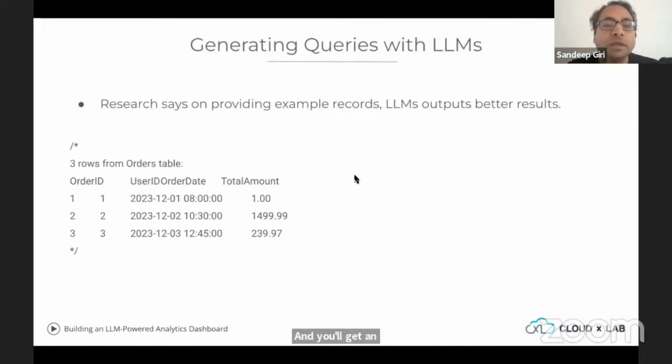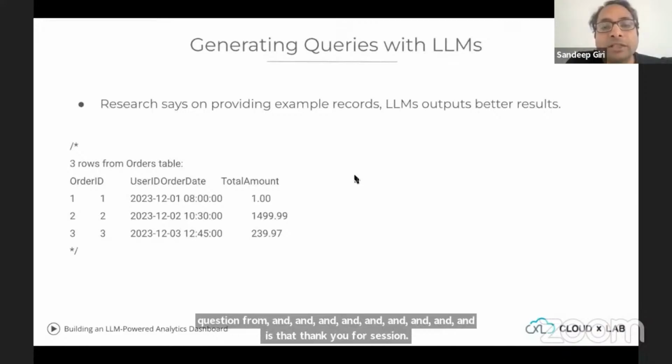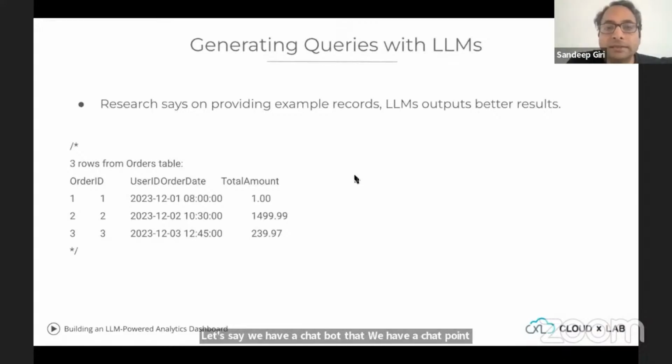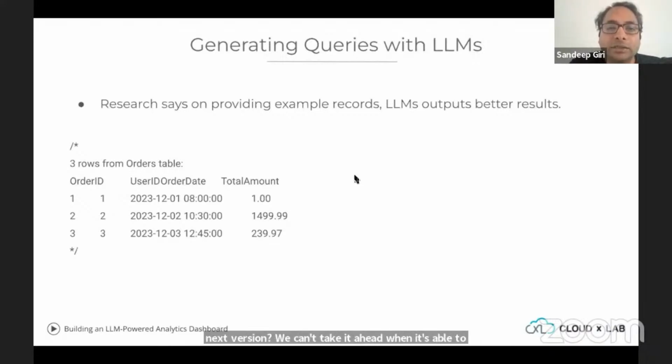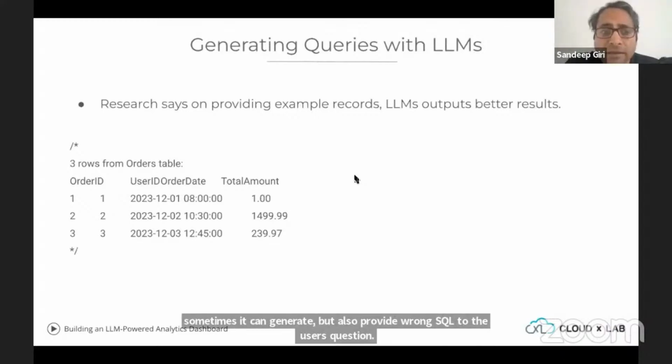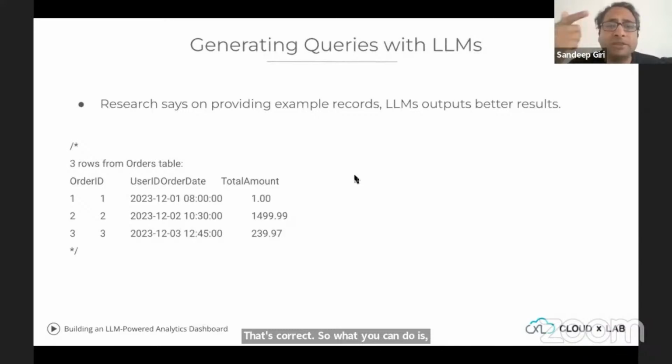A question from Prabhakaran: thank you for the session. Let's say we have a chatbot that takes natural language and returns SQL. How can we evaluate its performance before I deploy the next version? We can't count it a hit just because it generates syntactically correct SQL, because sometimes it can generate syntactically correct but wrong SQL for the user's question. That's correct. So what you can do is, one, the LLM SQL Shield that I'm launching will introduce a pre-compiler.